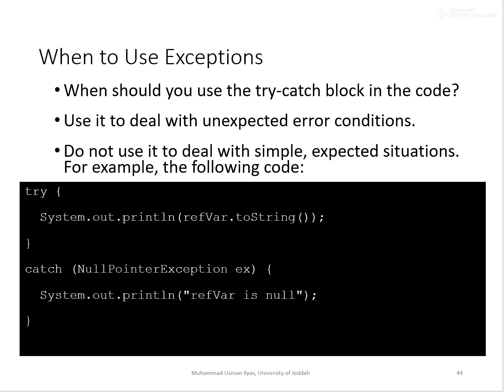Sometimes, for very simple cases, it's actually preferable that instead of writing your code like this, where you are calling the toString method of an object in a try catch block, you take the simpler route, especially when you can easily see that it's quite possible that a reference to an object may end up being a null pointer, not pointing to anything.